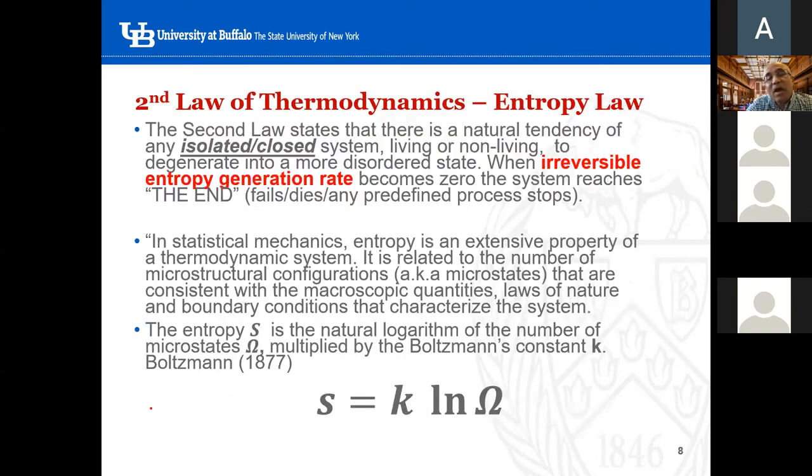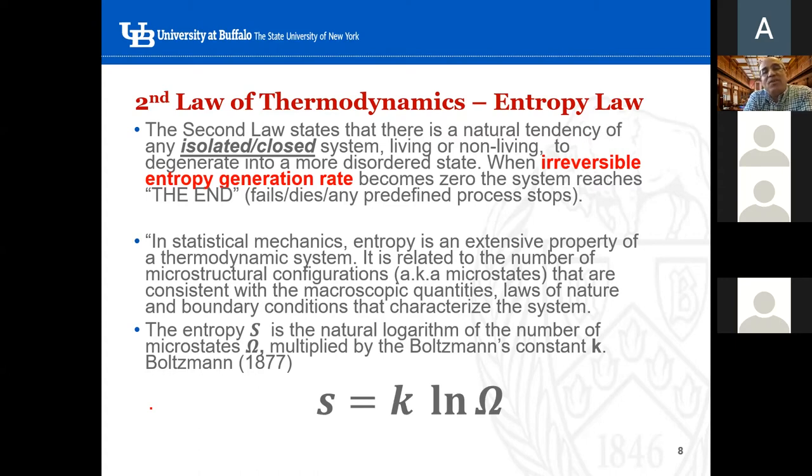Now, the only mathematical formulation for the second law of thermodynamics was formulated by Boltzmann. And he showed, after mathematical derivation, that the intensity of entropy per unit mass is equal to k, which is a constant, the Boltzmann constant, times omega, which is the number of microstates.